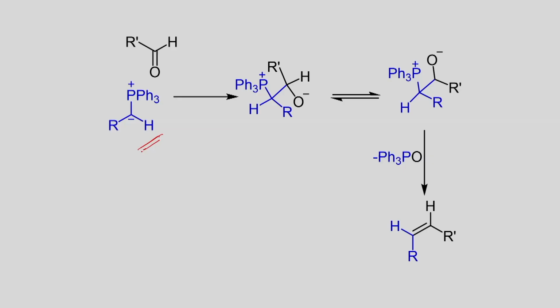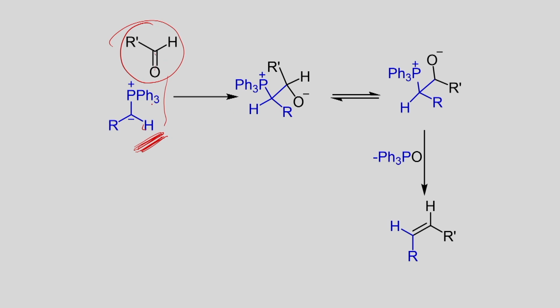Now let us look at this ylide, when you react with the carbonyl compound in polar solvent. You can carry out the reaction in polar solvent, and as we have just seen, this also can undergo reaction.